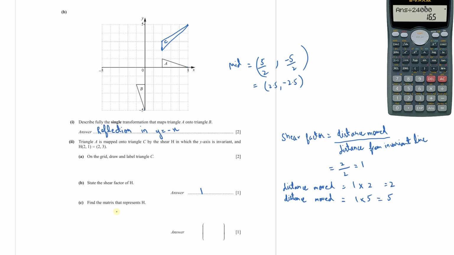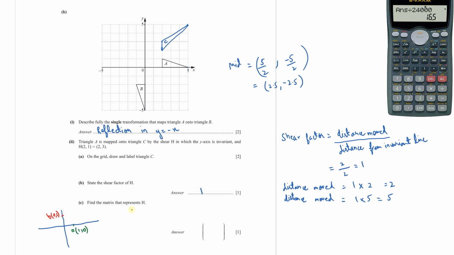Part C is find the matrix that represents this shear H. To find the matrix, you know the technique. You take 2 points. The first point is point A, which is (1, 0). The second point is point B, with coordinates (0, 1). Now you see where these points will move after you apply the transformation.